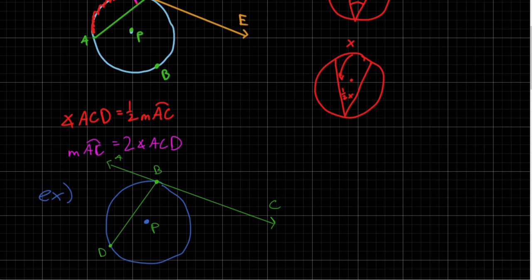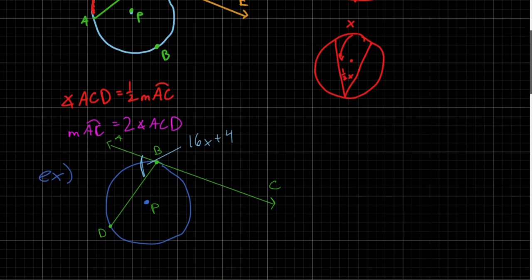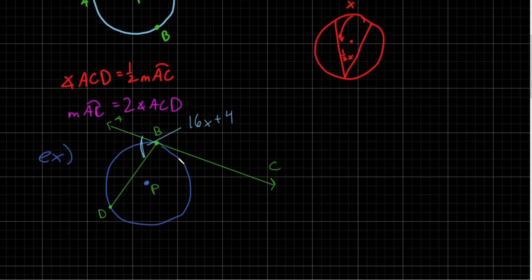Okay. I'm going to tell you that ABD, this angle right here, is 16x plus 4. That's that angle. This arc right here, let's add another point.